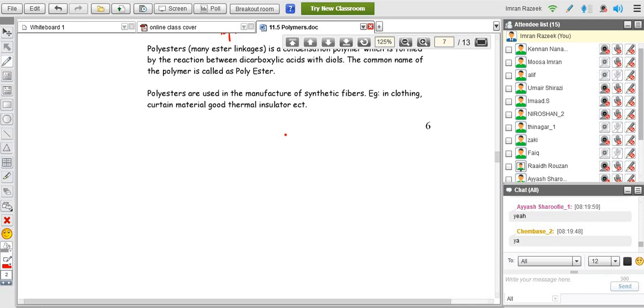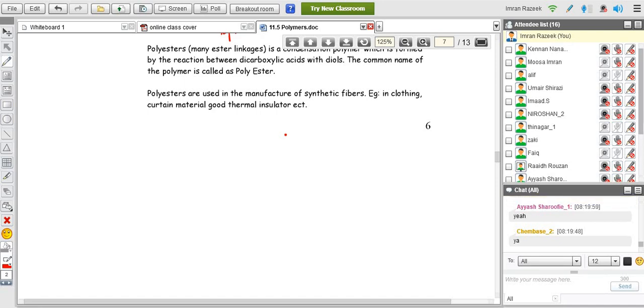We use the prefix poly before the name of the monomer, because addition polymers are in most cases homopolymers. Homopolymers means only the same type of monomer combines to form the polymer. So if the monomer is ethene, the polymer will be polyethene. If the monomer is propene, the polymer is polypropene. The monomer is vinyl chloride, the polymer is polyvinyl chloride.